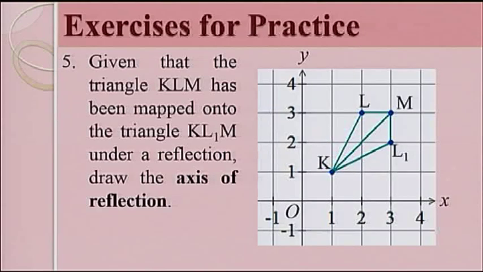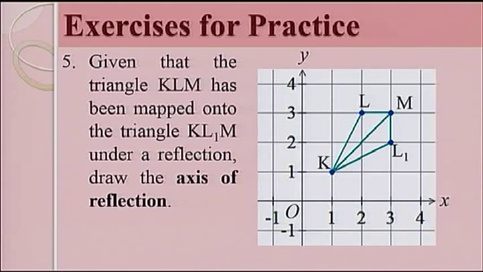Number 5, you've got a triangle KLM. This triangle has been mapped onto K, L1, and M. Under a reflection, you're asked to draw the axis of reflection. Be careful here. K and M have not moved.